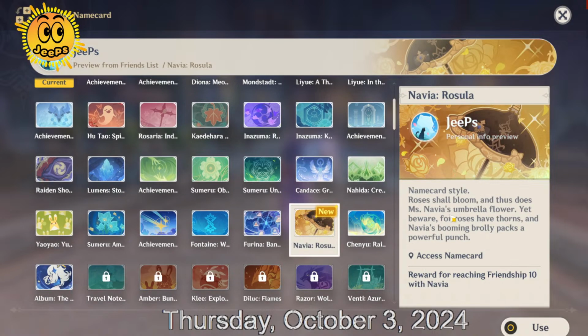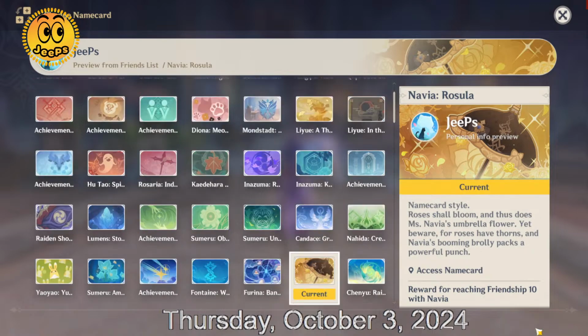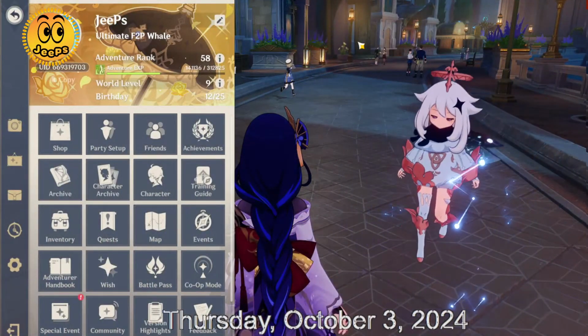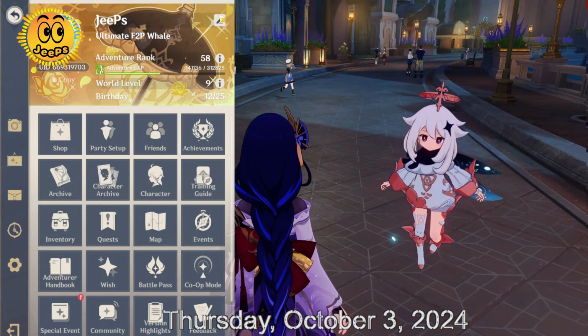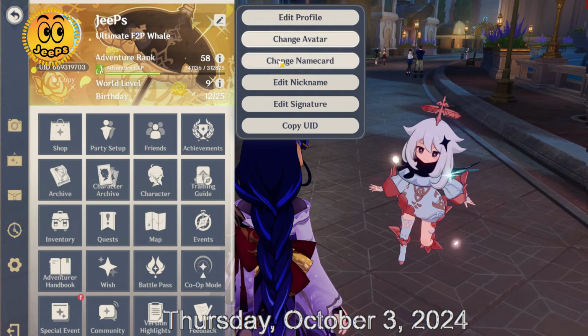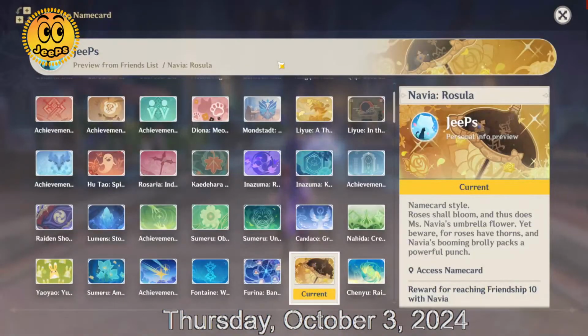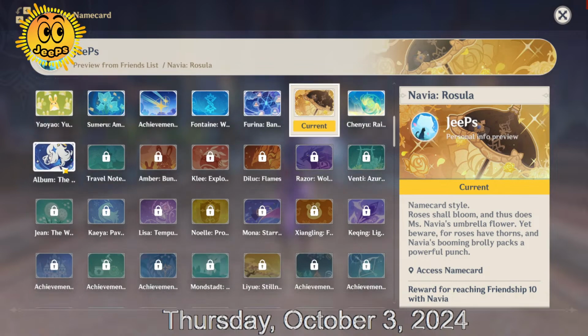What, I got another one now? Okay. Let's see how this one looks. I can't read nothing. That's why I always keep the basic one. No, these are achievements. Where's the basic one now? Where did it go?